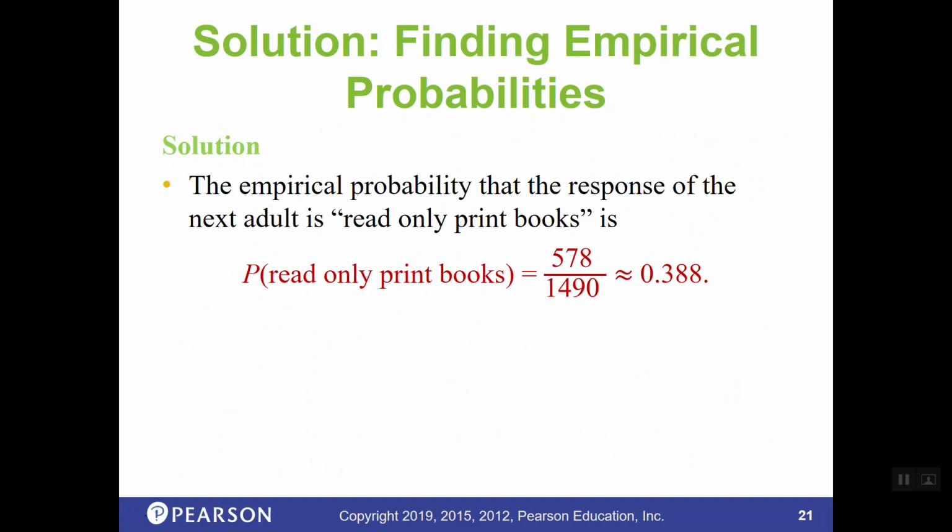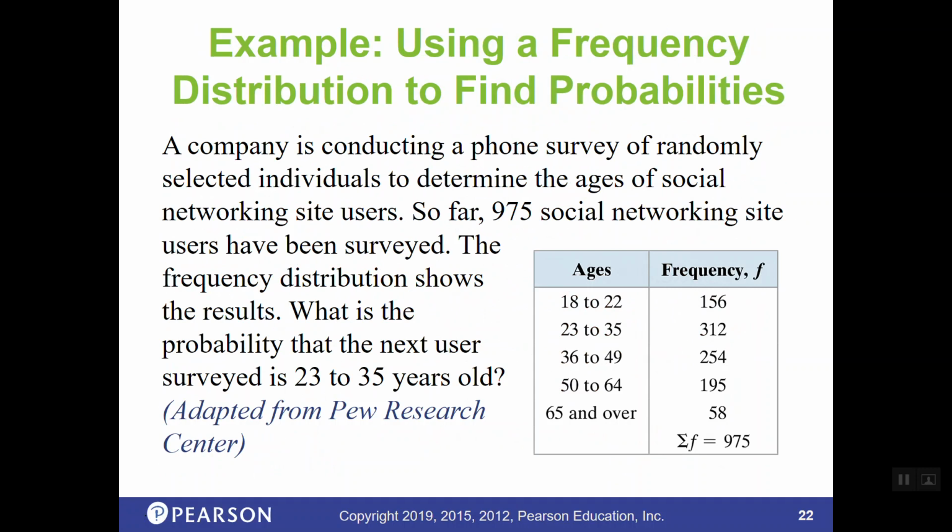So the empirical probability that the response of the next adult is read-only print books is 578, the one for that particular category, divided by the total. And again, the person that made this PowerPoint, they love 3 decimal places. So just give it to them. You divide and put the 3 decimal places there and follow the rounding rules.